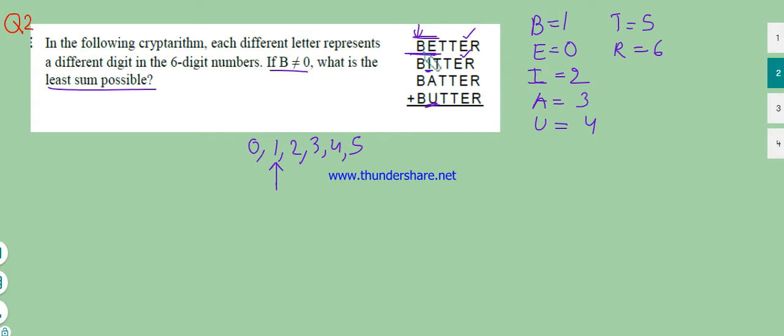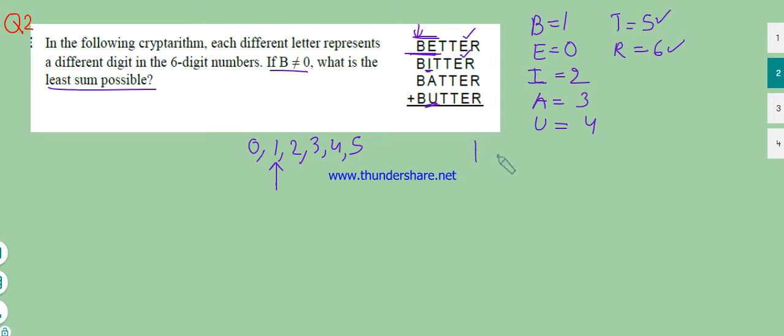So I have taken special care to assign minimum values to the digits that appear at the hundreds, thousands place, and those at the units place or tens place have been assigned greater values. That is the most important point to be noted over here.